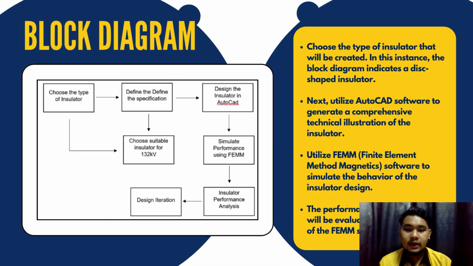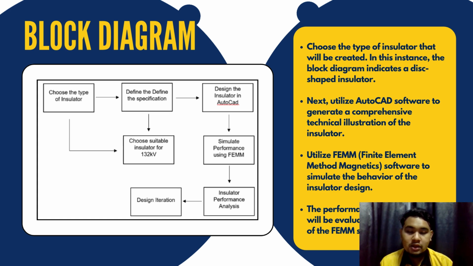For block diagram, first we discuss and choose the type of insulator we use in this project. In this instance, the block diagram indicate this shape of insulator. Next, we define the specification. Next we go to design the insulator in AutoCAD, because AutoCAD has a comprehensive technical illustration of the insulator.